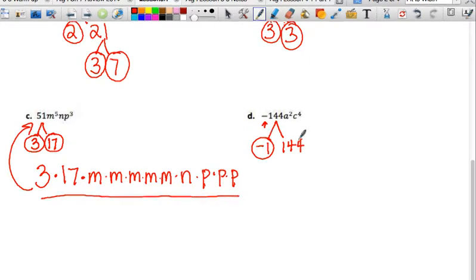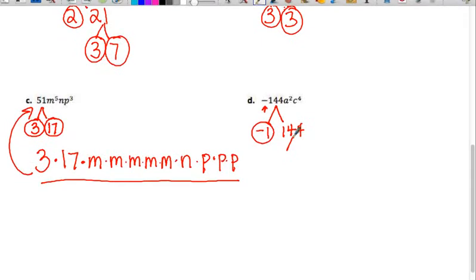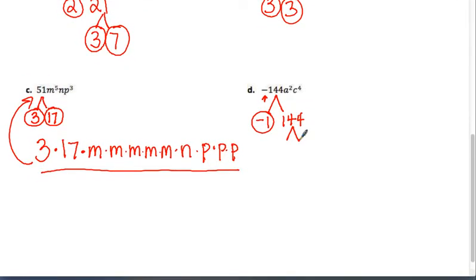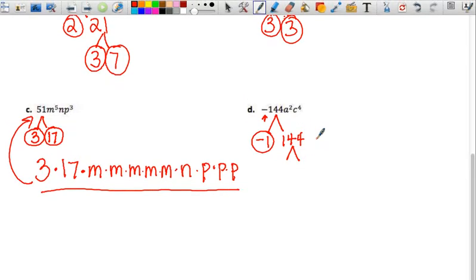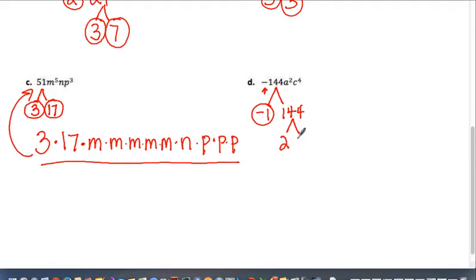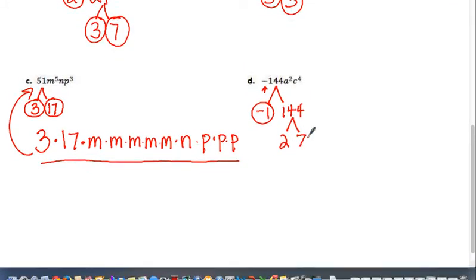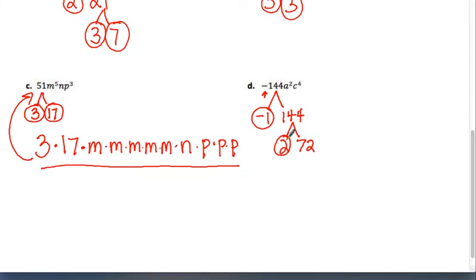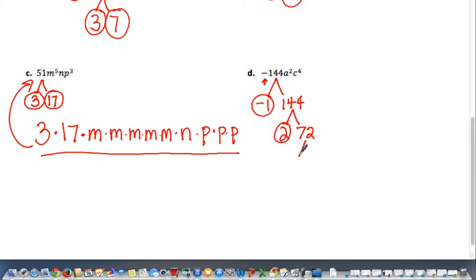Now 144 looks like all the other ones we've done, and this one is even, so what do you think is going to be our first factor? 2. And then this will be 72. And 72 obviously is not a prime factor, but it is even still, so I'm going to do 2, and this will be 36, right?